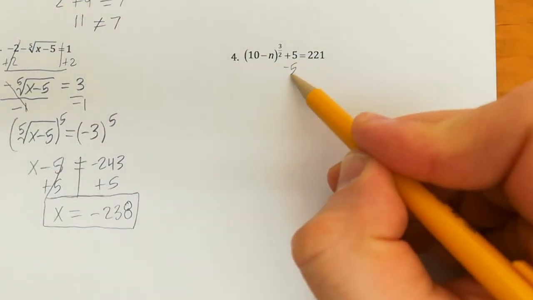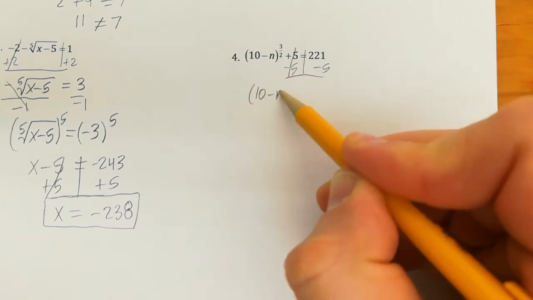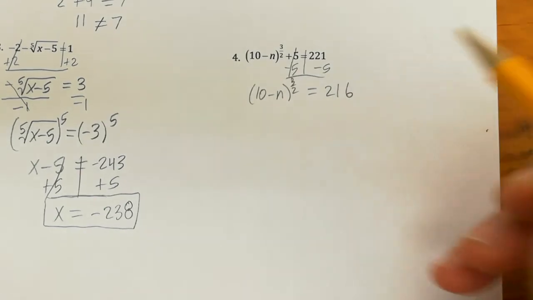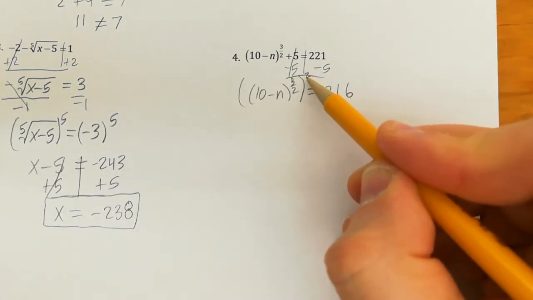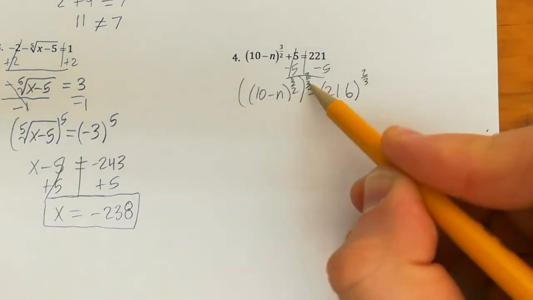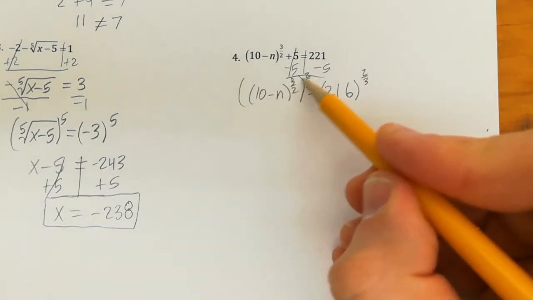So we're going to take away 5 on both sides. And so we get 10 minus n to the 3/2 equals 216. And kind of like number 2, we're going to raise both sides to the reciprocal power of 3/2. This time it's just positive because this is positive. So you'll end up with, basically, a power of 1.